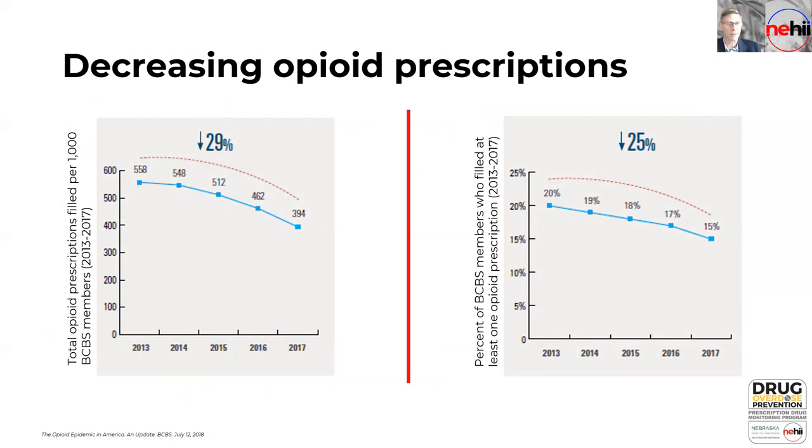They looked at information going back 2013 to 2017 and identified a decrease of 29% in the number of prescription fills for opioids for their members. And the total number of prescriptions that their members had for opioids decreased 25%. Now, this is a limited population of just Blue Cross Blue Shield patients, but it does provide some information.